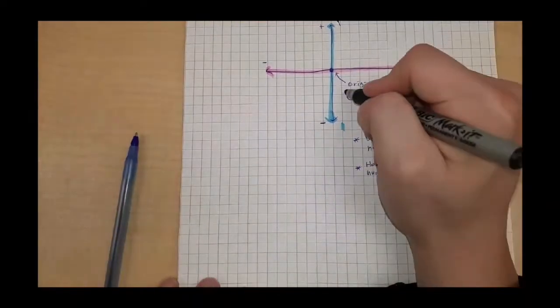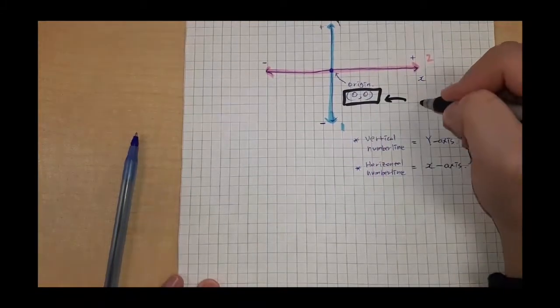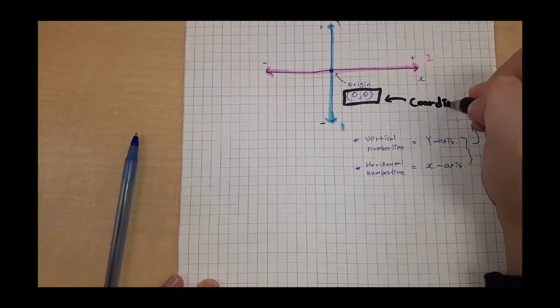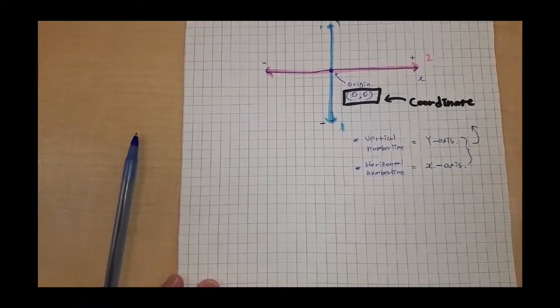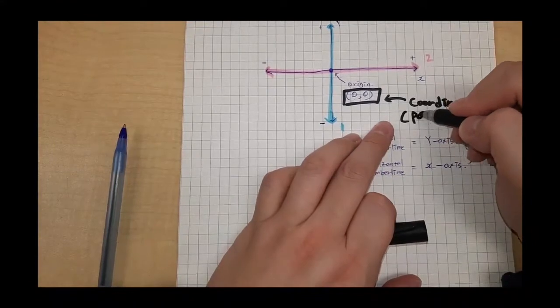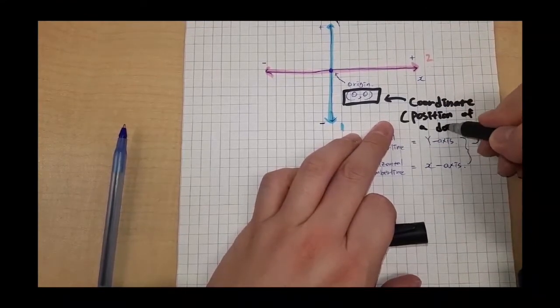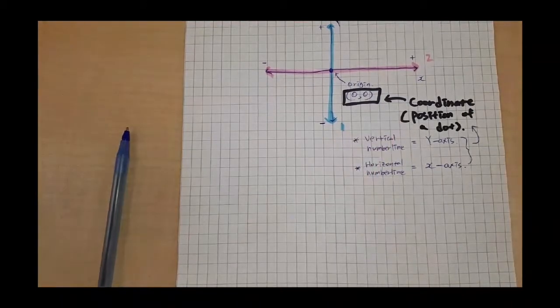I may put that in here. The 0 and 0, from now on, we're going to call it a coordinate. A coordinate is a simple way of referring to the position of a dot. You can think of it in that way.